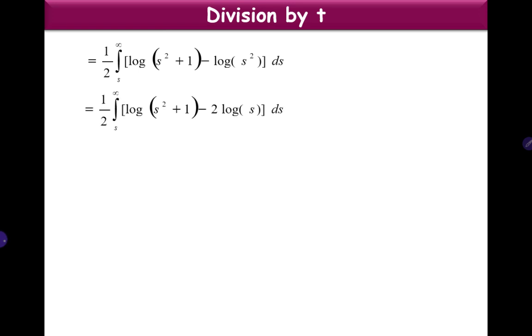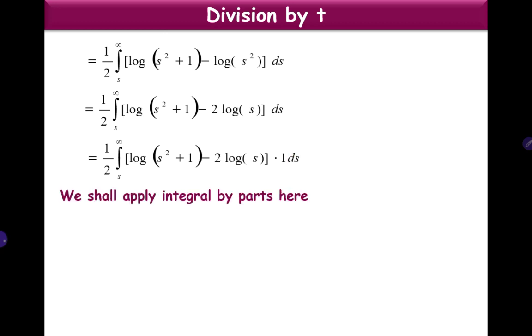Now we will integrate this using integration by parts, and here log of s square is written as 2 times log of s. So now we use integration by parts here, and to get the second term we write this as into 1 here.